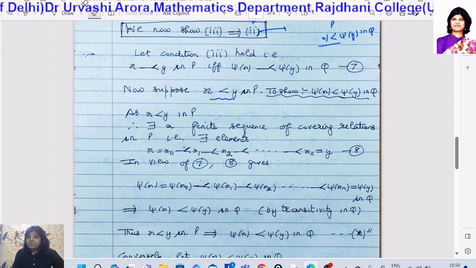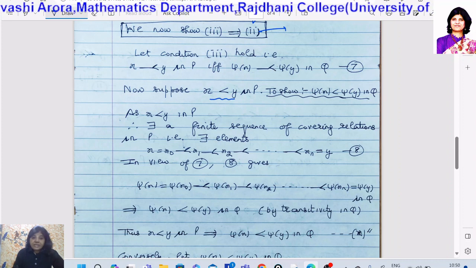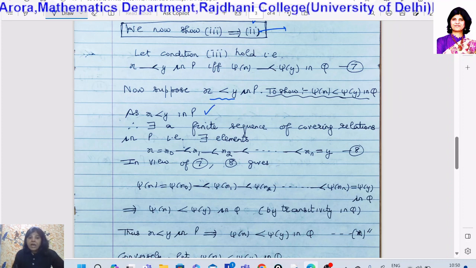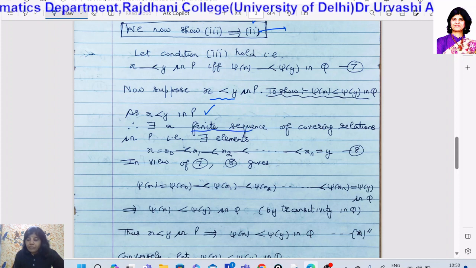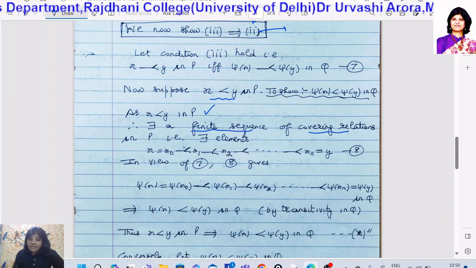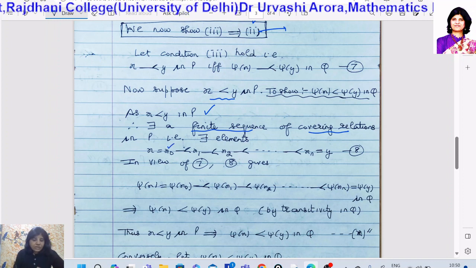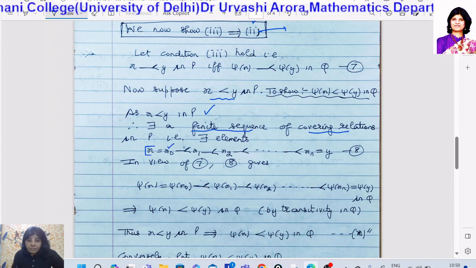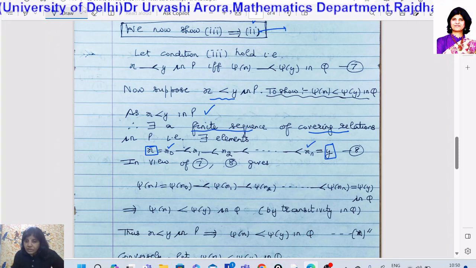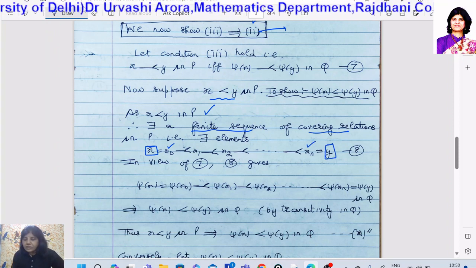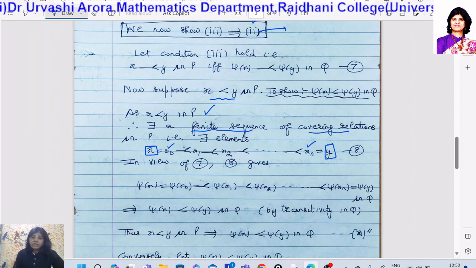Now, because x is strictly related to y in P, there is a finite sequence of covering relations between x and y, which is like this. X I am denoting by x naught. This is just a notation. Y again I am just denoting by xn, just to fall in line with the notations that we are taking.